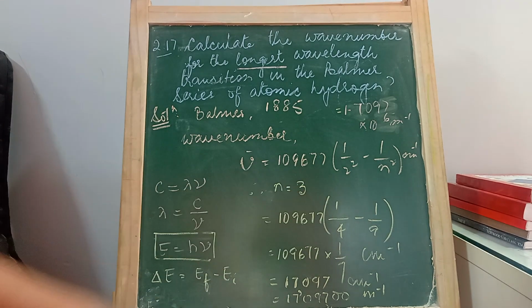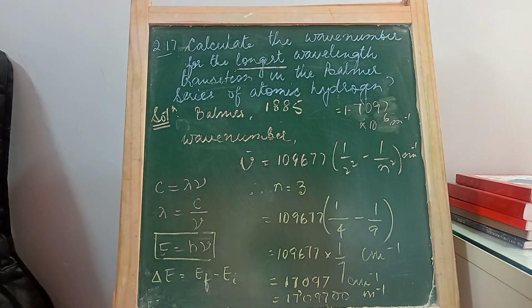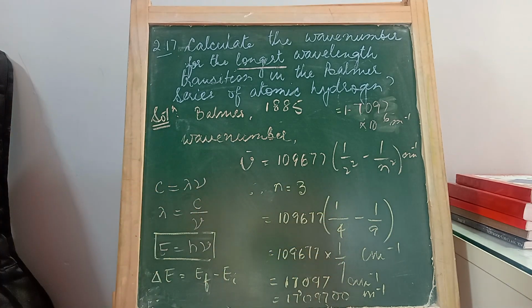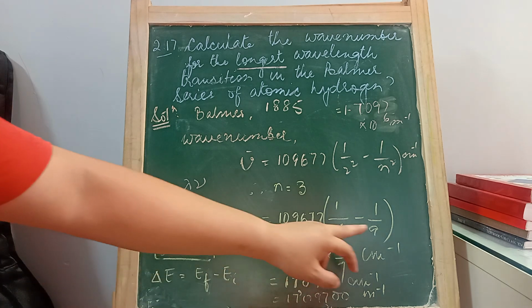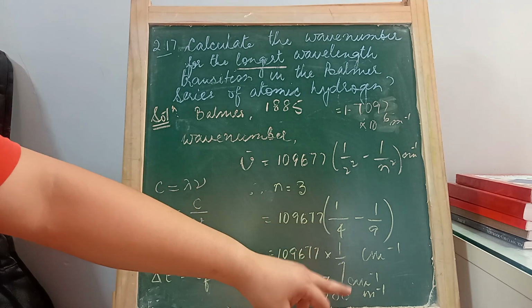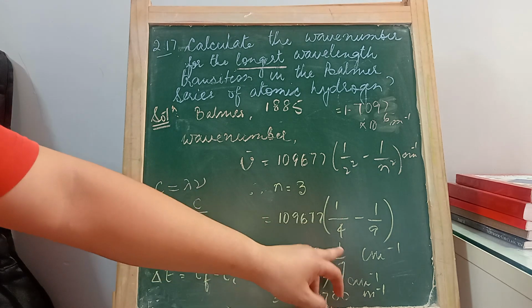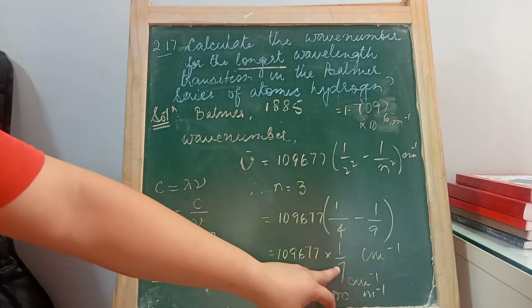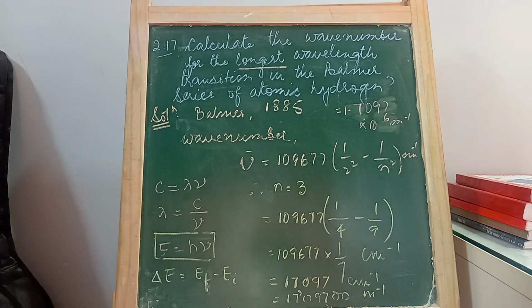The rest is mathematical simplification. 1/4 minus 1/9 will be (9 minus 4) divided by 36, which is 5/36. I have taken 36, and 5 sevens are 35, so I just took a rough average value of 7. So 7 divided by this is 170,977 per centimeter.